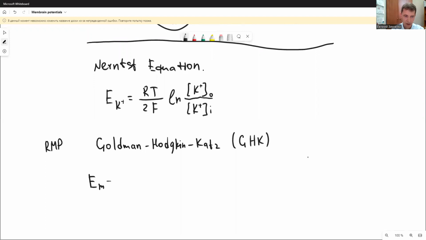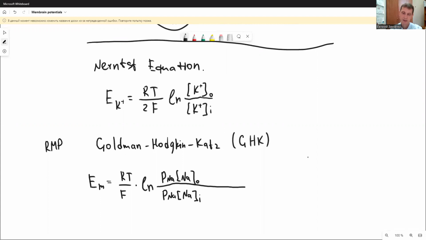The value of membrane potential is a function of RT upon Faraday's constant, and we have to take the natural logarithm of these values. Our cell membrane in the resting period is permeable for a combination of ions: sodium, K plus, and chlorine.